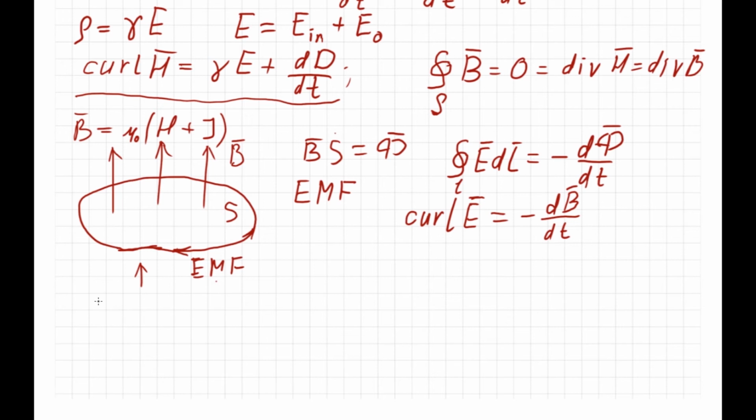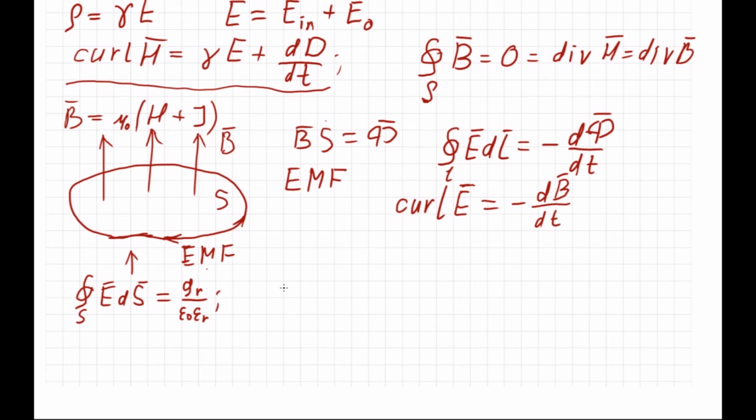We write this formula as the integral over S of electric field dS equals full charge divided by permittivity 0. The closed integral over L of H dl, the magnetic field along the contour, equals the full current.